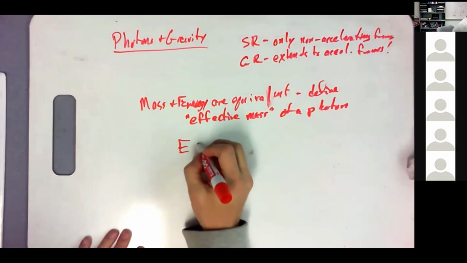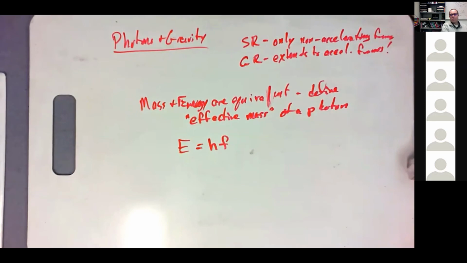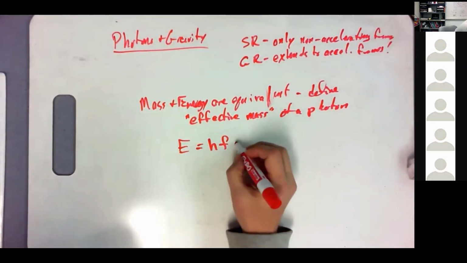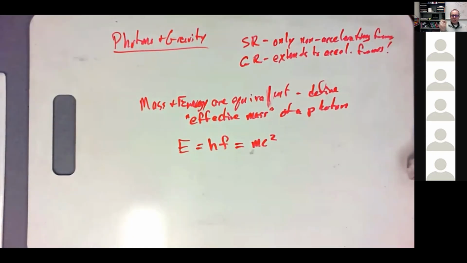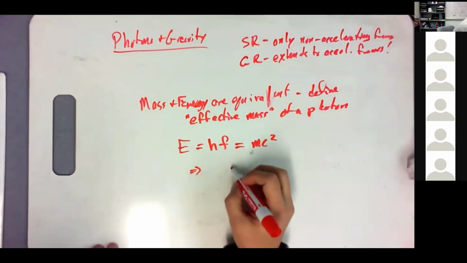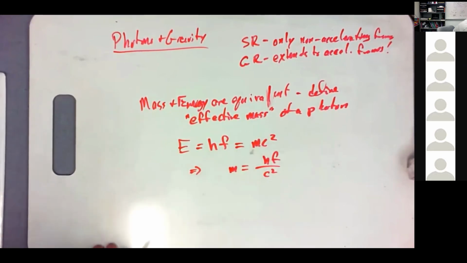We know that the energy of a photon is equal to h times f, Planck's constant times its frequency. And if we just set that equal to mc squared, that defines a rest mass of a particle that has the equivalent energy of that photon. That sort of gives you the effective mass of that photon. Solve this for mass, you get m equals hf over c squared.